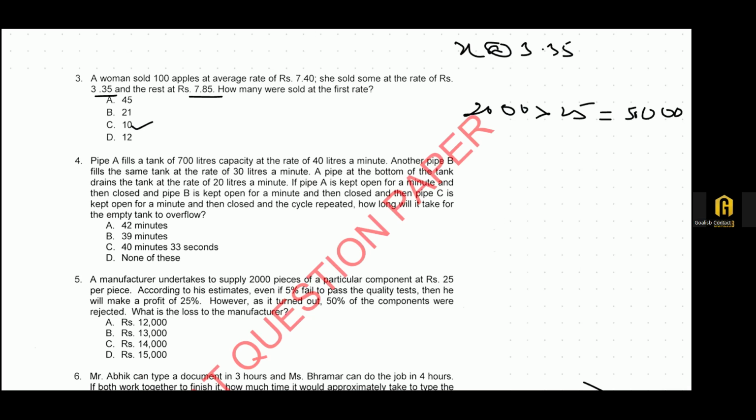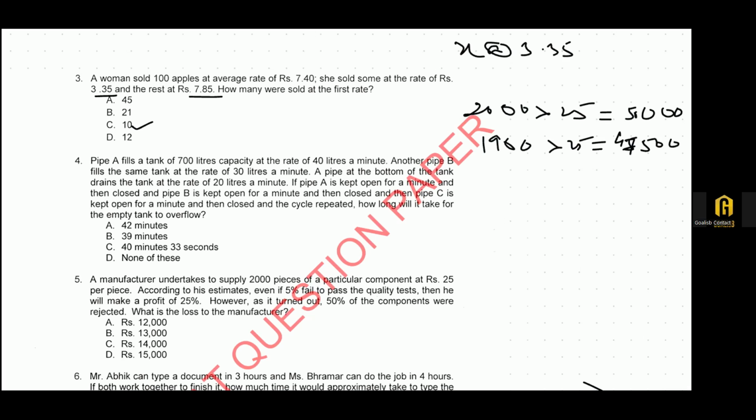So 25 rupees per piece and 1900 pieces will give us 47,500. So this is the money that he will realize even if there is a 5% defect rate, but he says he still earns 25%.